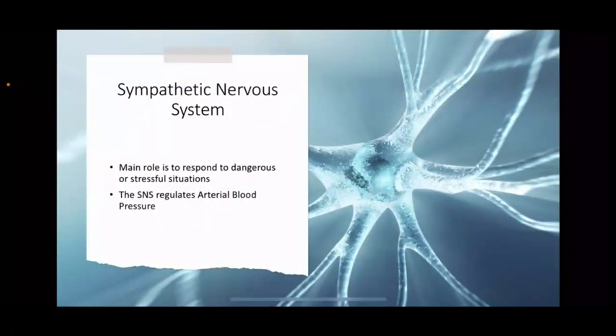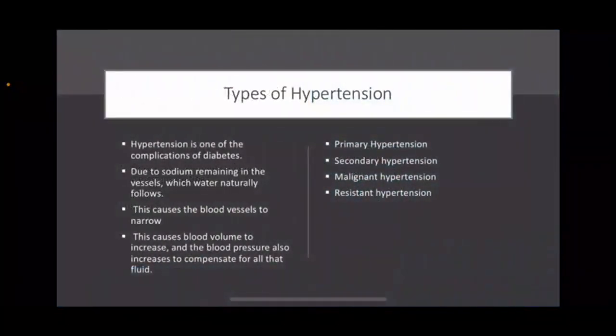The SNS. The main role of the SNS is to respond to dangerous or stressful situations. The SNS also regulates arterial blood pressure. Here are the types of hypertension. They are primary, secondary, malignant, and resistant.